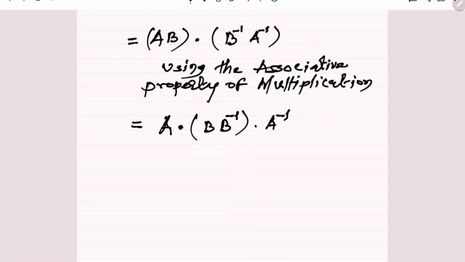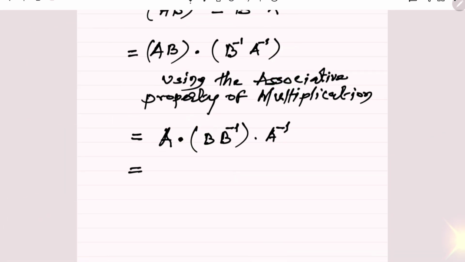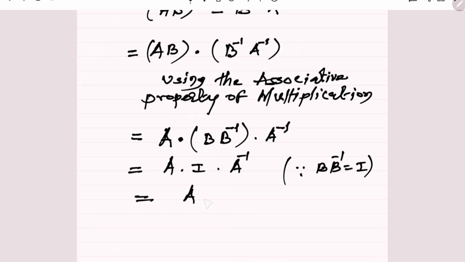This is as per the associative law. Then it is equal to B into B inverse, which is nothing but I. Therefore, it is A into I, identity matrix, into A inverse, since B into B inverse is the identity matrix. Then any matrix multiplied by the identity matrix, we get the same matrix, and therefore A into I is A into A inverse, and the product of A into A inverse is I.